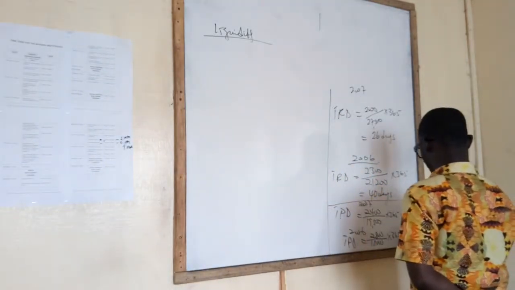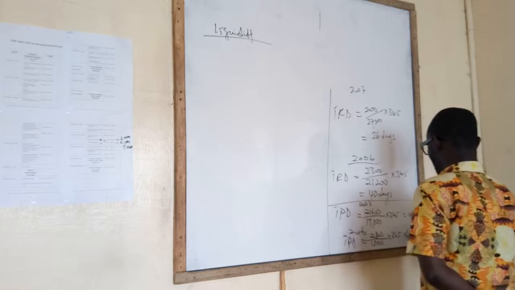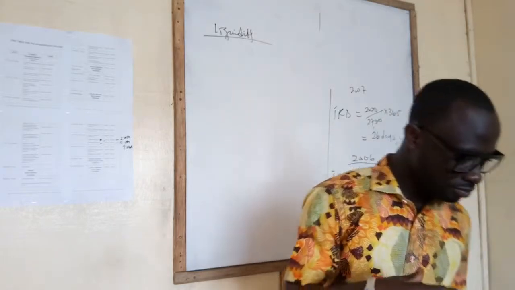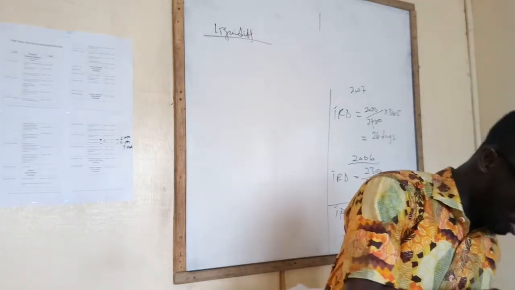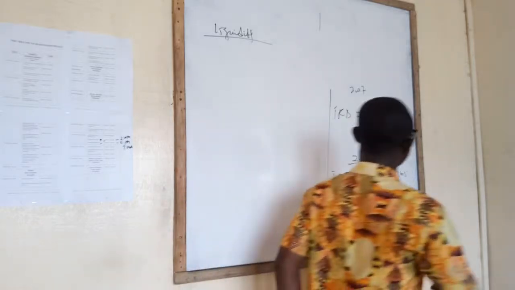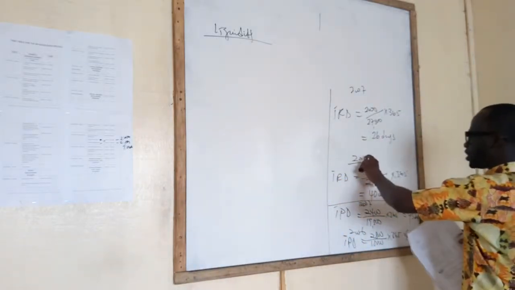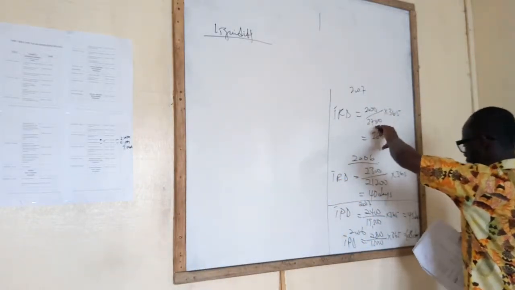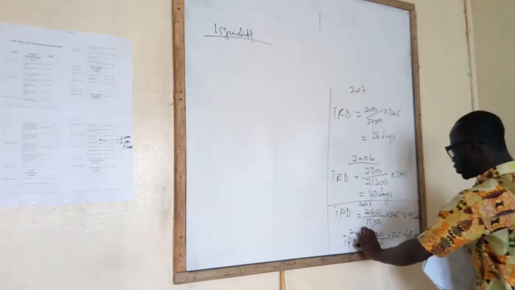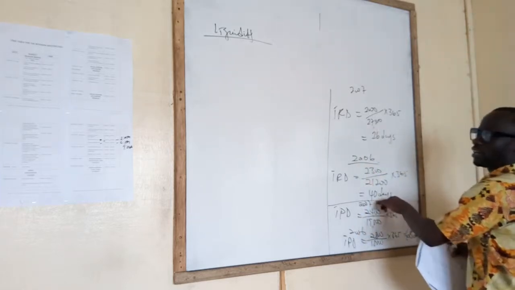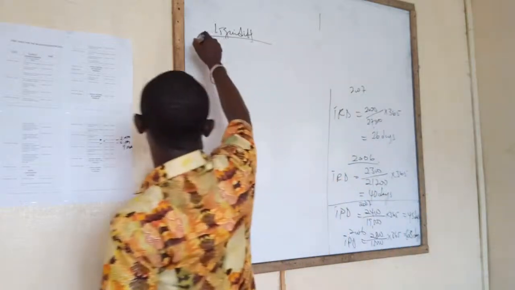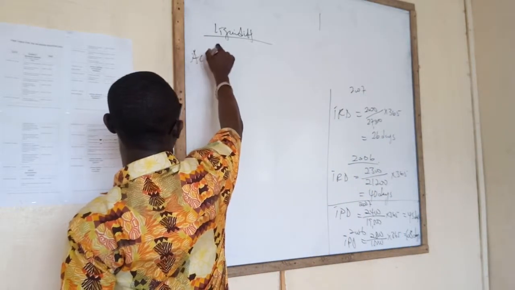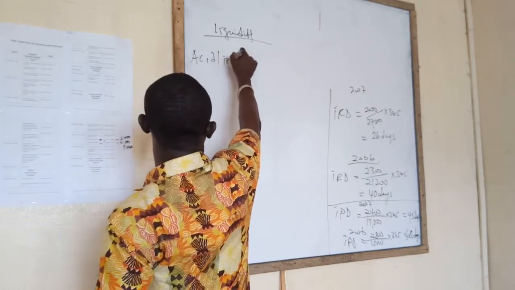Oh, really? So what do we see? Substantially, trade receivable days is falling, and trade payable days is also falling. And your acid test ratio, what's happening to the acid test ratio?